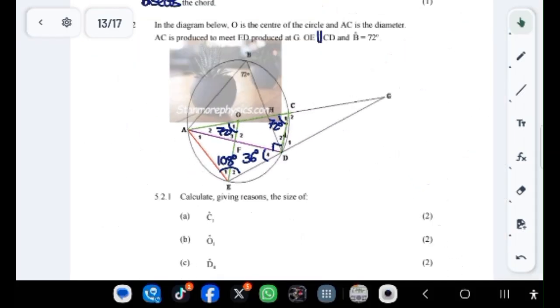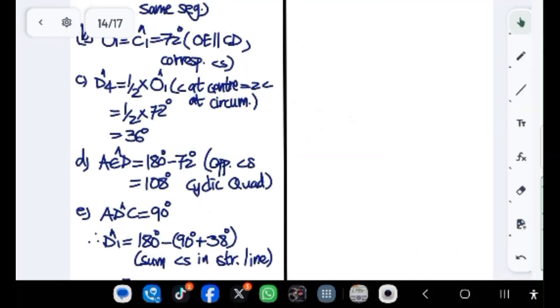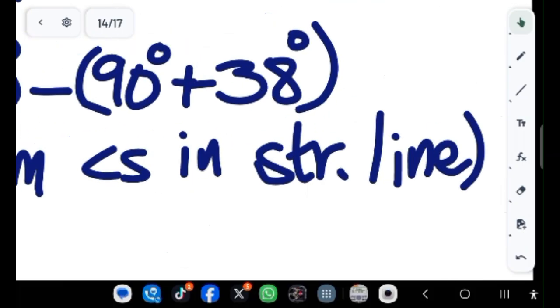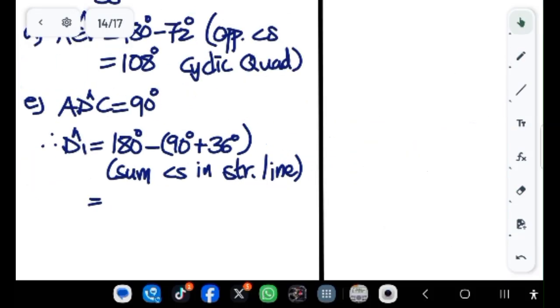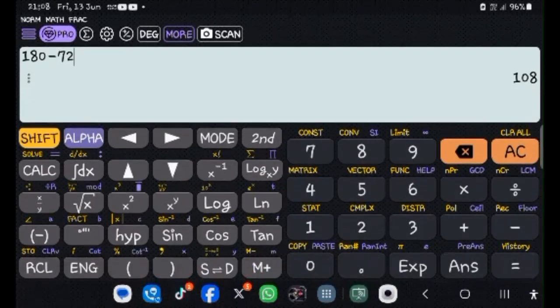Oh, this is 36, not 38, sorry, let's fix that. 36 degrees. So 180 minus in bracket 90 plus 36, and that gives us 54 degrees.